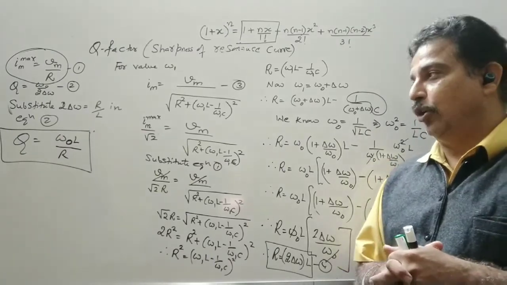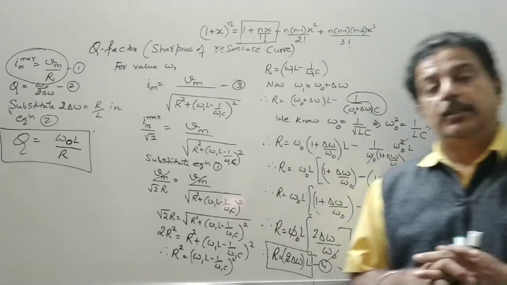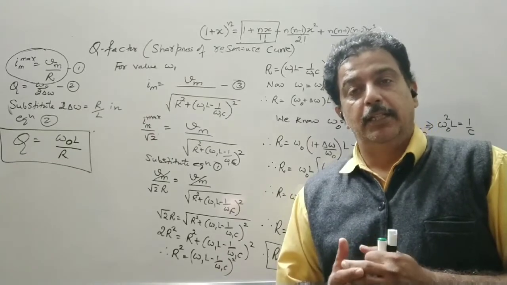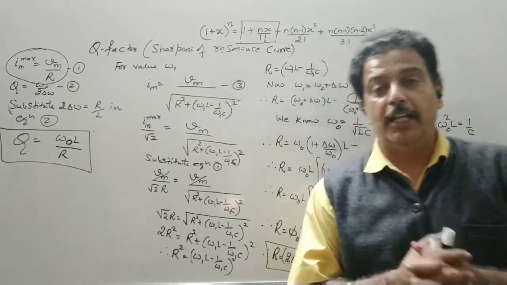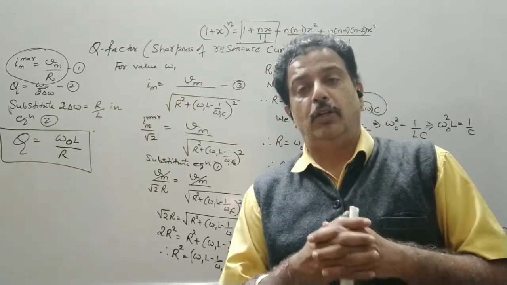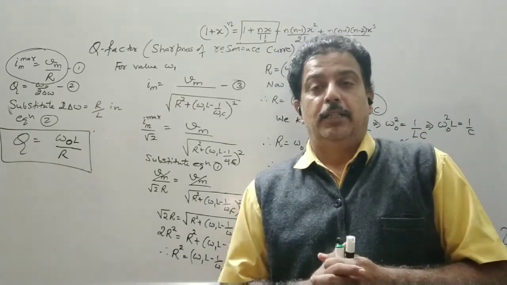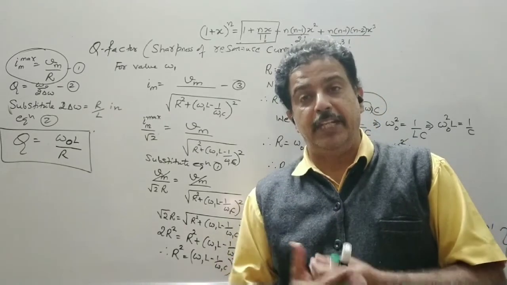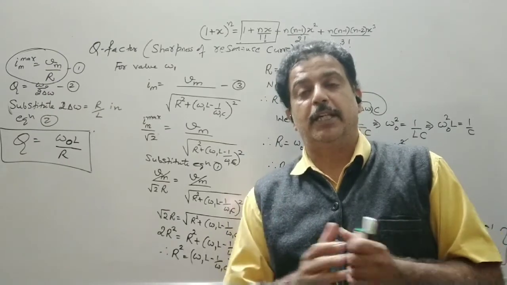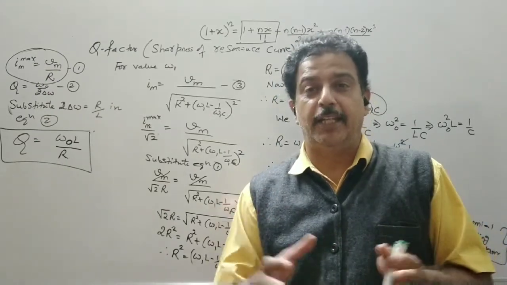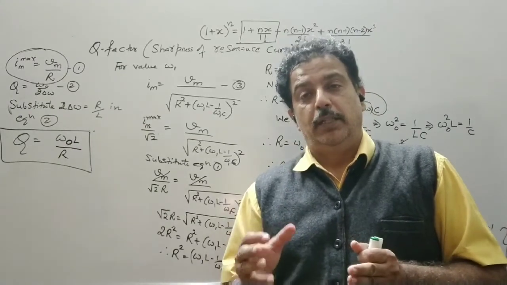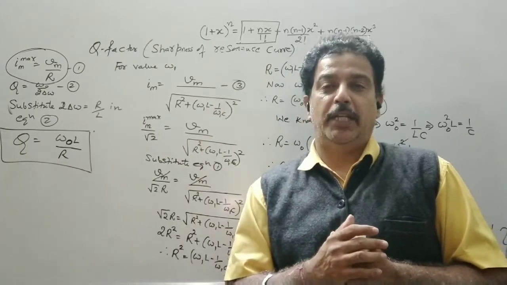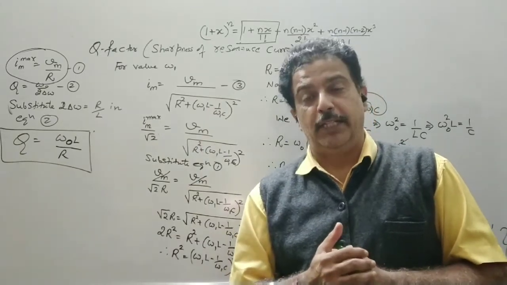as well as L also. Generally we keep C variable in the tuning circuit, as was explained earlier also. So when you are tuning the circuit, you are actually varying the value of C. The value of C is varied in such a way that the angular frequency of that circuit is equal to the frequency of the signal available in the space or atmosphere or in the surroundings.